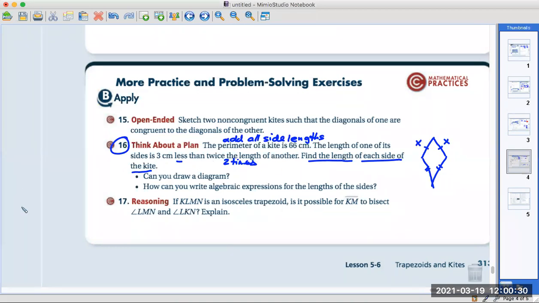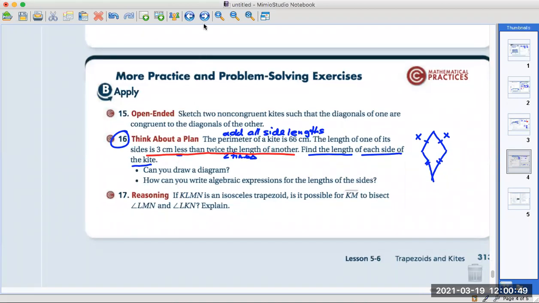And the clue is right here. 3 centimeters less than twice the length of another. So you have to write an expression for that. Then you add them all up and set them equal to 66. Okay, I'm going to let you think about that.